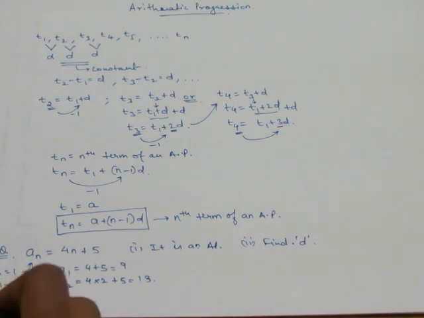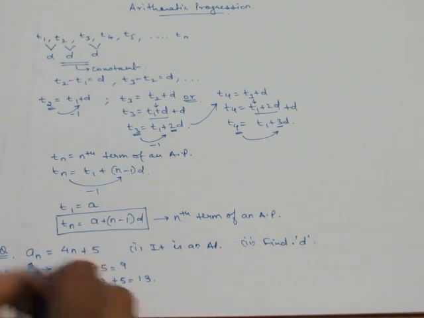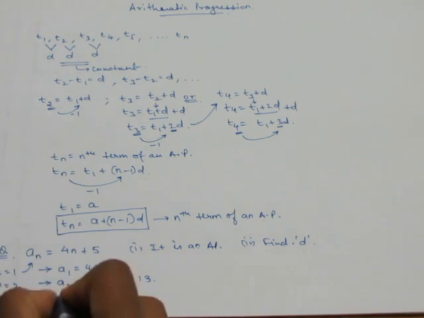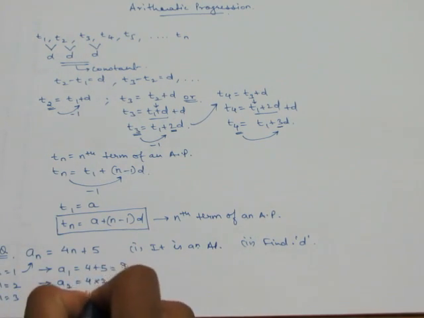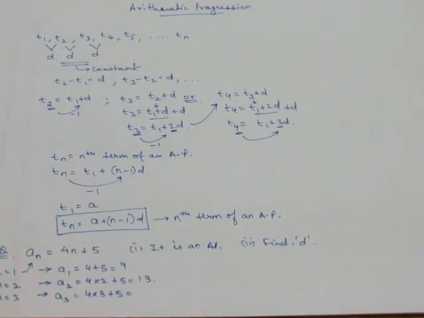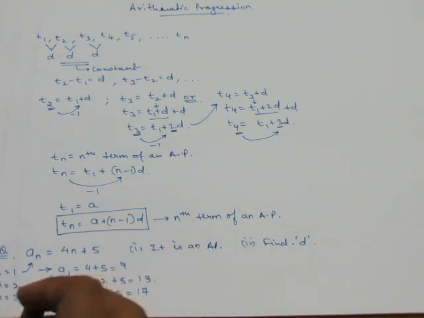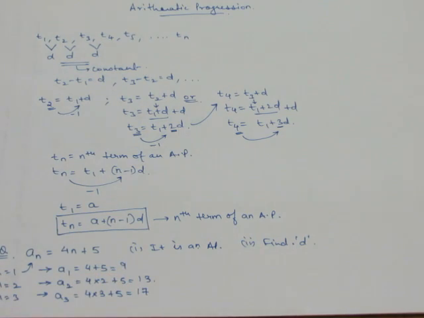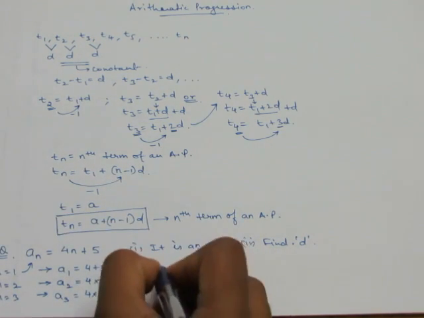Clear? Put n equals 3. What do you get? A3, 4 into 3 plus 5, 17. Right. So what are the first three terms? 9, 13 and 17. Let's check the difference.